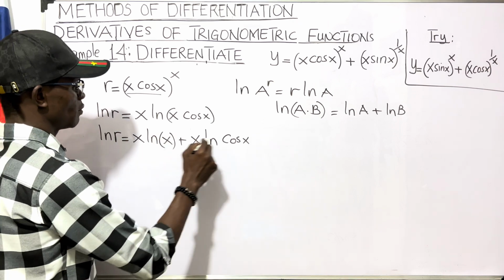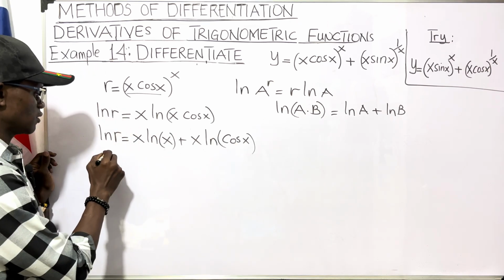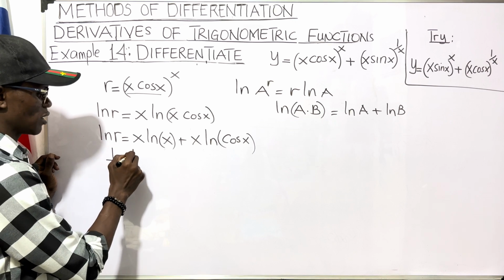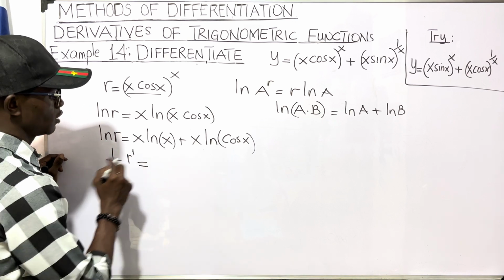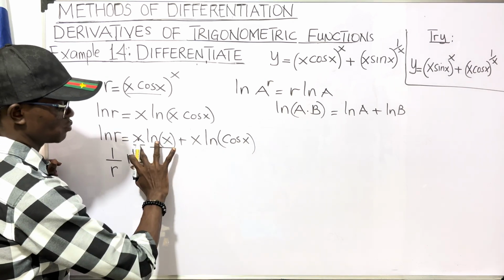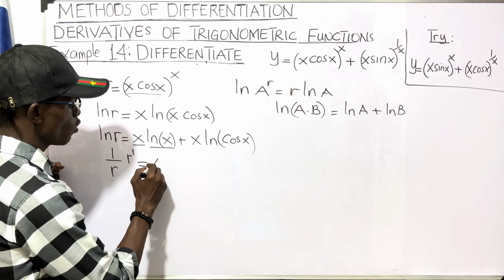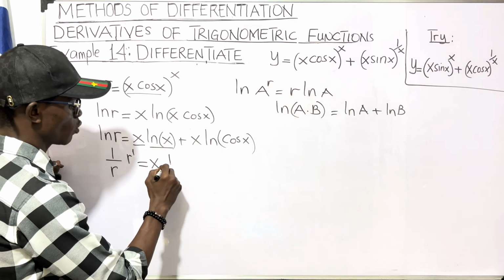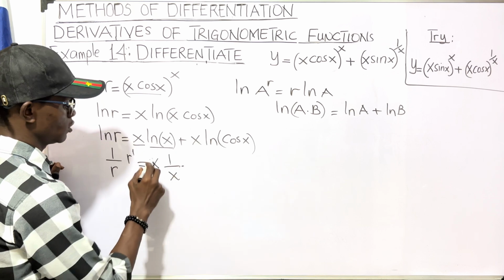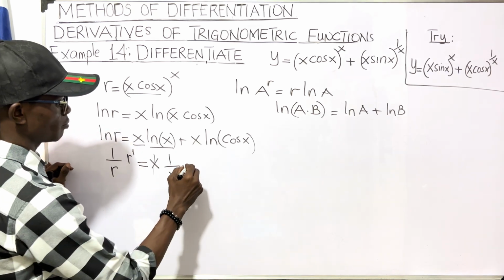Now we can find the derivative. This gives us 1 over r times r prime, equals. Here we use the product rule because you have x and two functions being multiplied. We hold x and differentiate ln of x, which is 1 over x times the derivative of x, which is 1. So this x cancels this x.